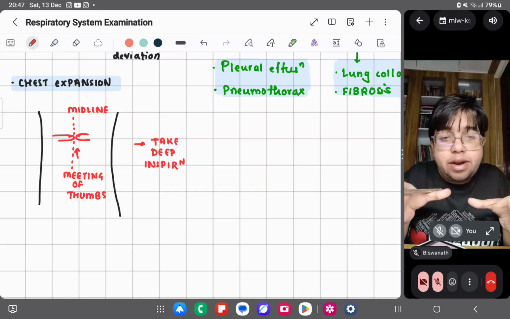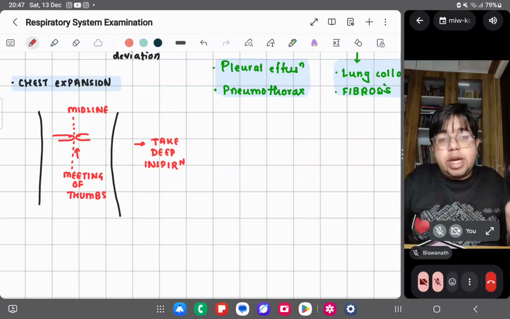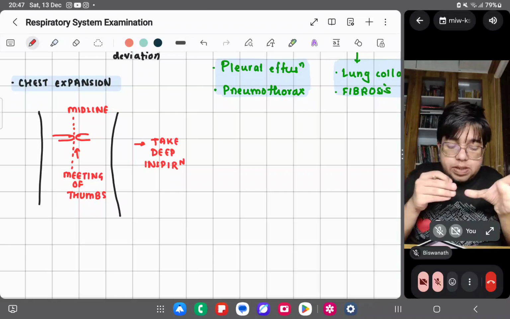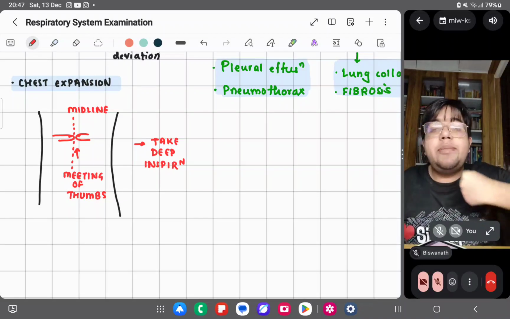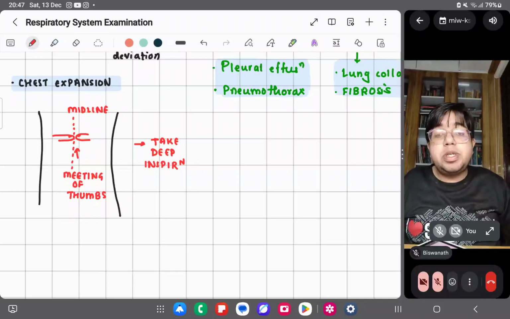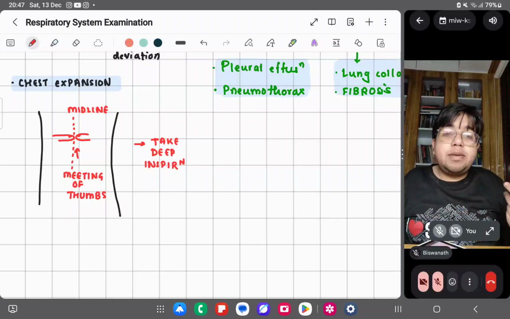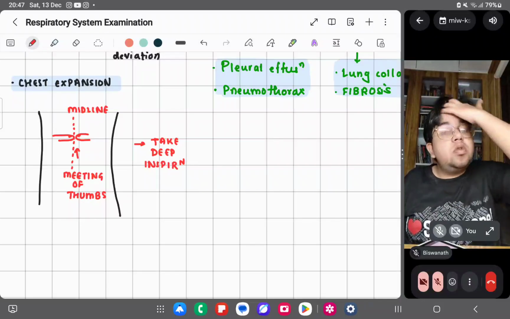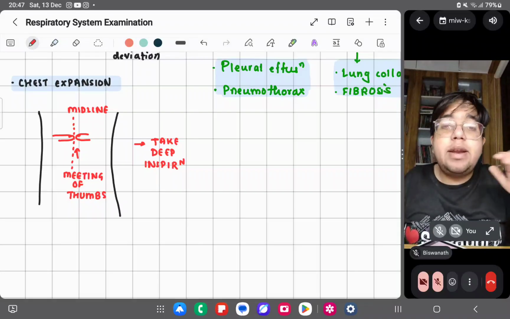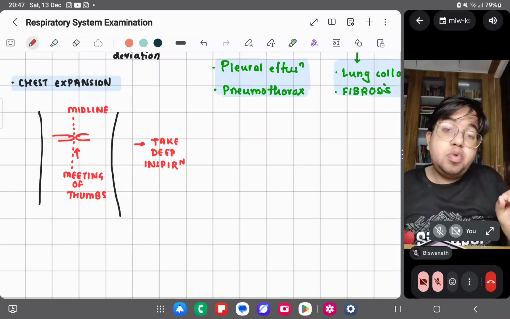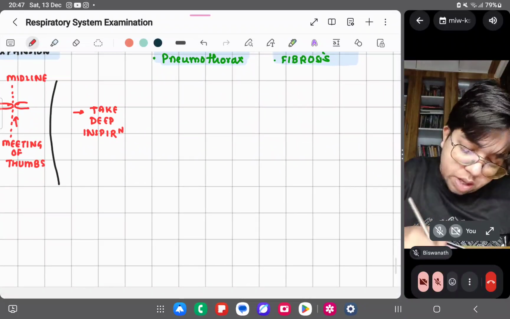You see bilaterally always, because whenever you're taking BP also you take it bilaterally, right? Because you don't know that the patient is having some sort of problem which is bilateral. The patient may have a pathology on one side. So if there is a lung pathology on a particular side, then the chest expansion will be reduced on that side, right?